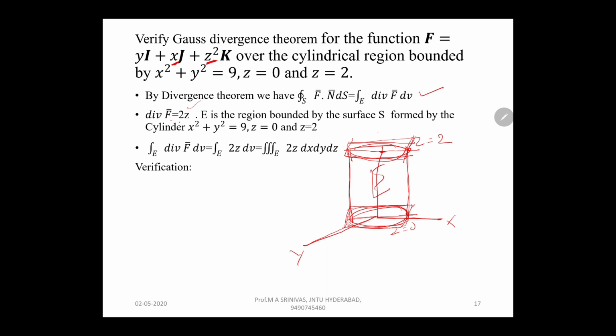E is the region just now explained, inside the cylinder. The cylinder is x square plus y square is equal to 9, z is equal to 0, z is equal to 2. All three equations put together give a cylindrical closed surface. Now the triple integral of div f bar means the triple integral over E of 2z dx dy dz. This I need to evaluate. Simultaneously we need to verify the surface integral.